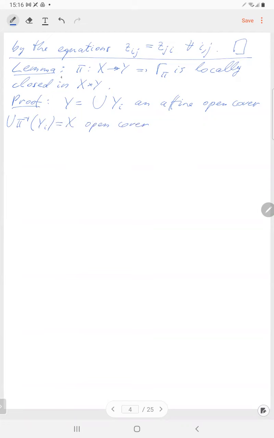And say pi restricted to this open subset, let's denote it by pi_i. And now the graphs of those restrictions are closed, right? Because the affine varieties are separable.